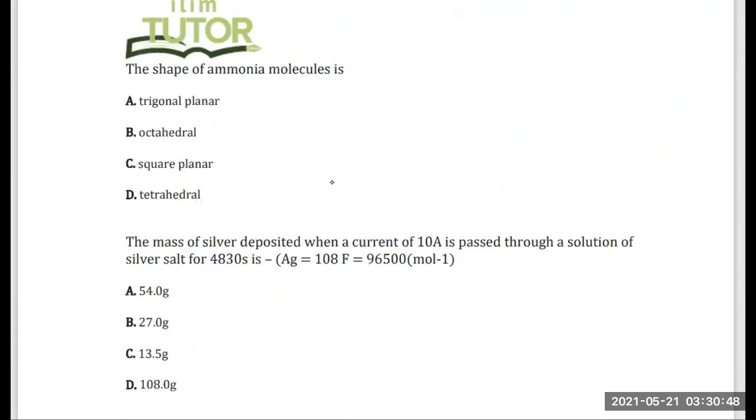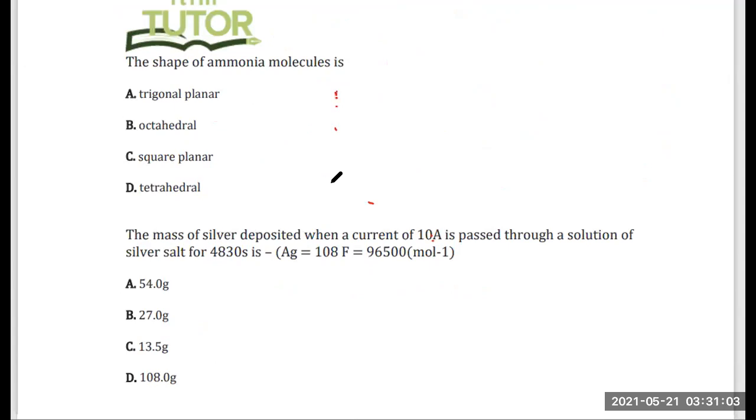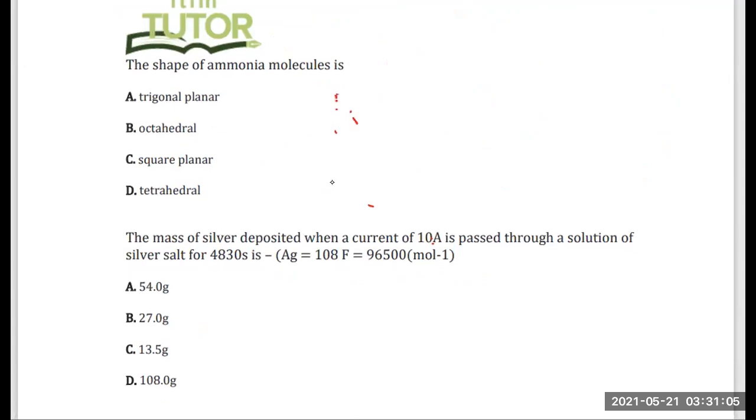So the question is, what is the shape of ammonia molecule? What is the shape of ammonia molecule here? So to solve this question, we need to have an understanding of how ammonia molecule is structured. So this is ammonia. Of course, ammonia has, in its outermost shell, 5 electrons.